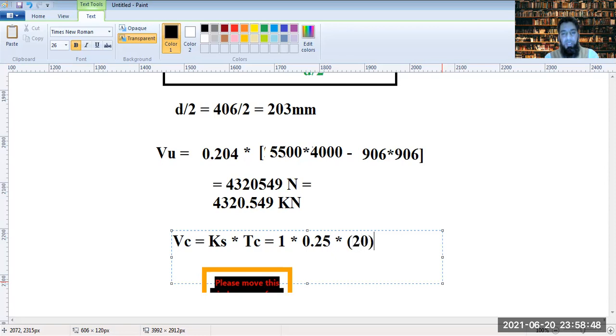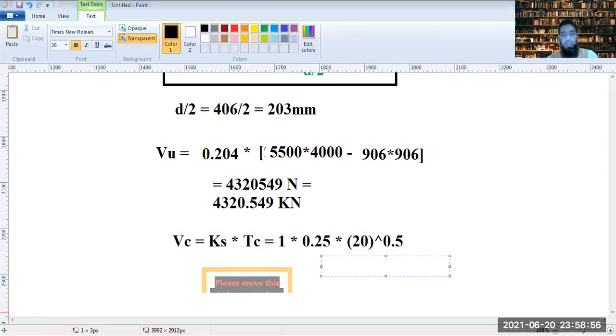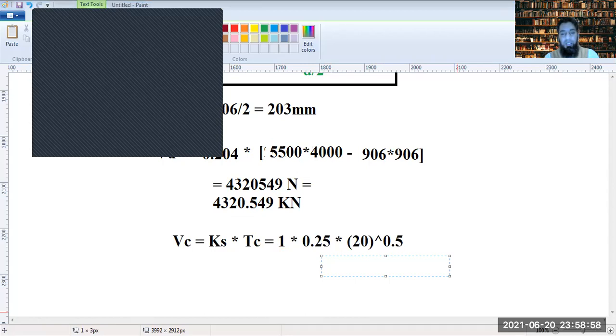Fck is 20, all raised by 0.5. That's root 20 cross 0.25. It's 1.11.